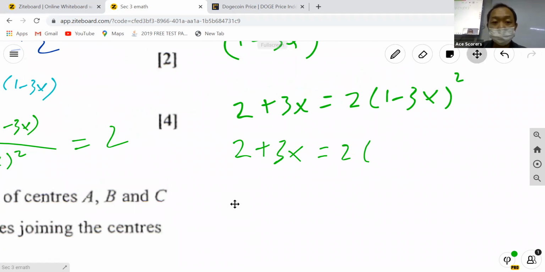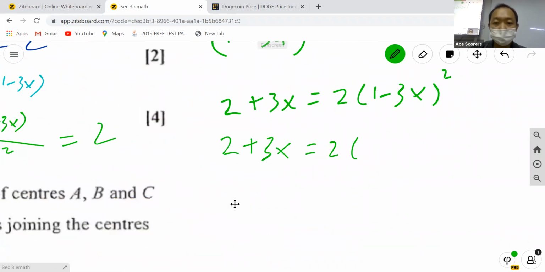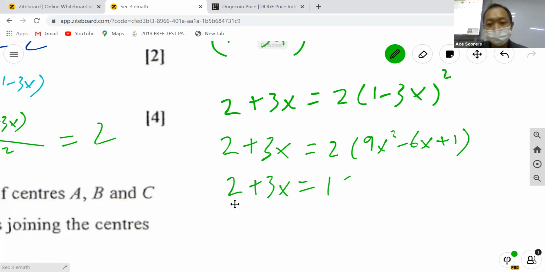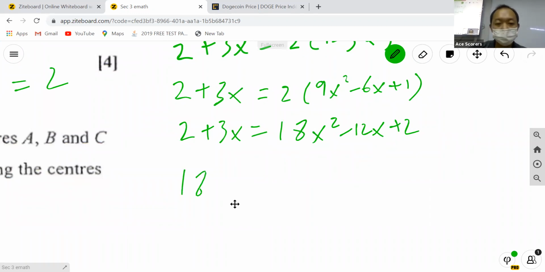Where do we get again? 9x squared minus 6x plus. Super lengthy, at least another 5 more lines. 2 plus 3x. Minus 3x minus 12x is negative 15x. Plus 2 minus 2. Equal to 0.